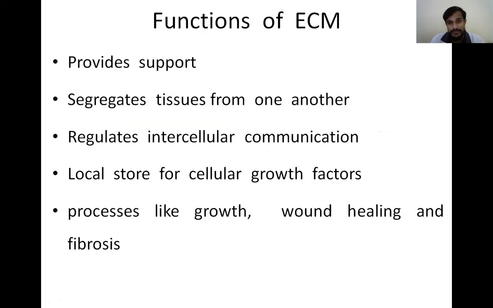And coming to the overall functions of the extracellular matrix, it provides support. We know how it provides support because of proteoglycans and collagen, which is a hard protein, and it segregates tissues from one another. We know tissues are made up of different types of cells. So in an organ, there are different tissues, and these tissues are separated or segregated by the extracellular matrix.